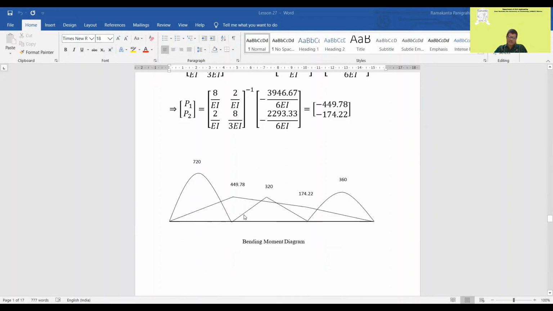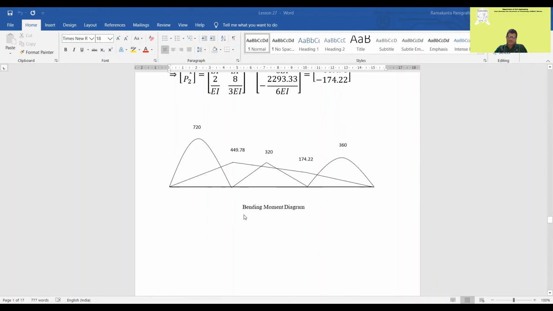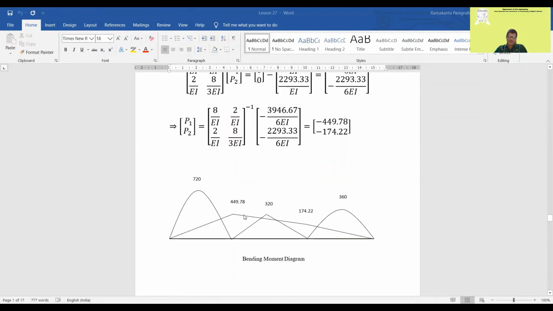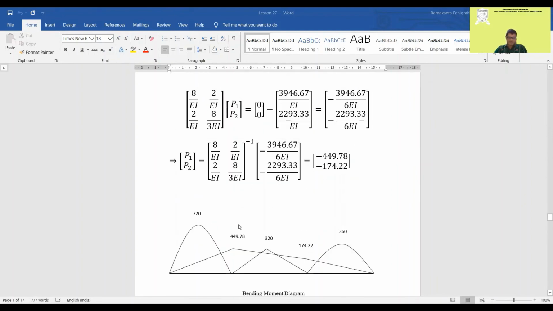Now here you see the bending moment diagram. On this bending moment diagram, we have this moment here, 449.78. Let us see, this is A, this is B, this is C, this is D, right? Now at A the moment is 0, simply supported.